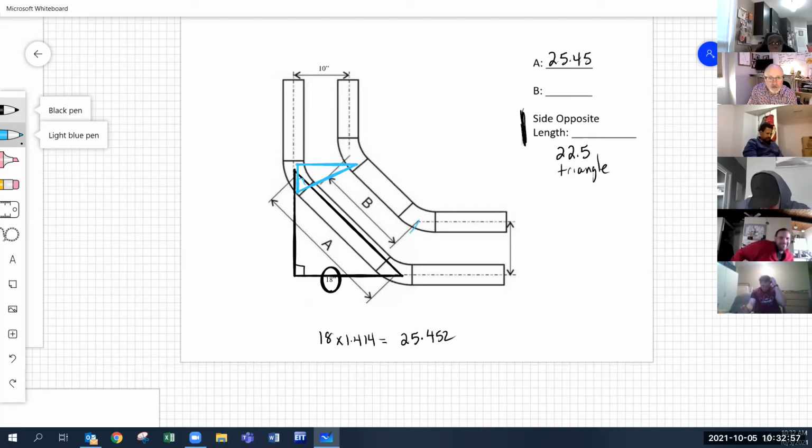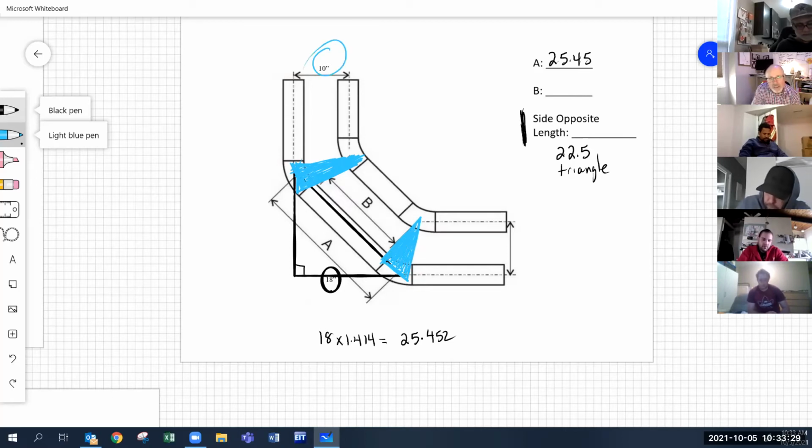We'll do it here. So there's two 22.5 degree right angle triangles in there. I'll just fill those in so we have an idea of what they look like. Something like that, and something like this. There they are.